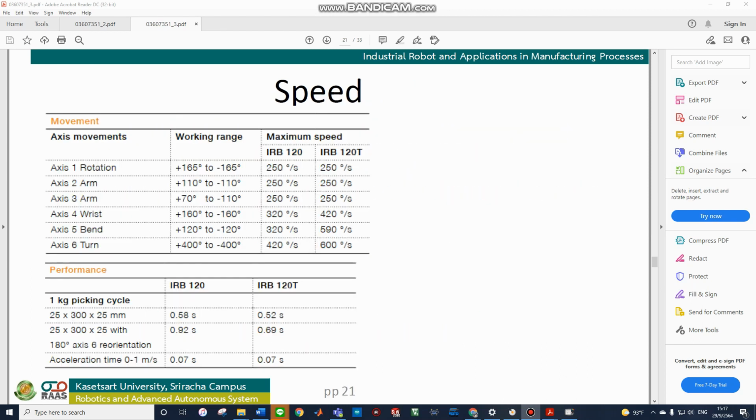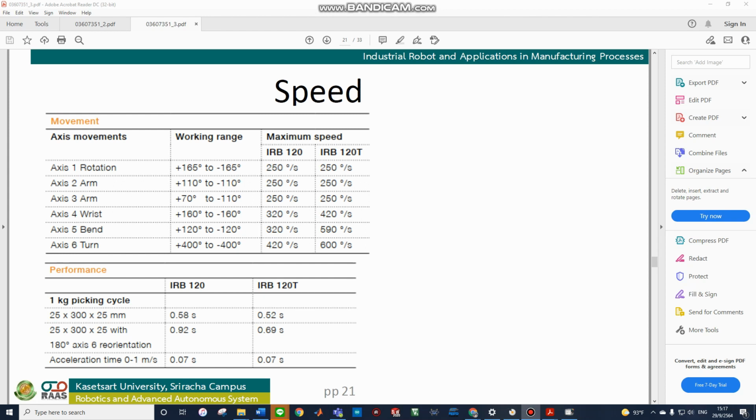About speed, the speed is often shown as the maximum speed achievable by each individual axis. The actual speed of the robot will influence the cycle time for many applications.